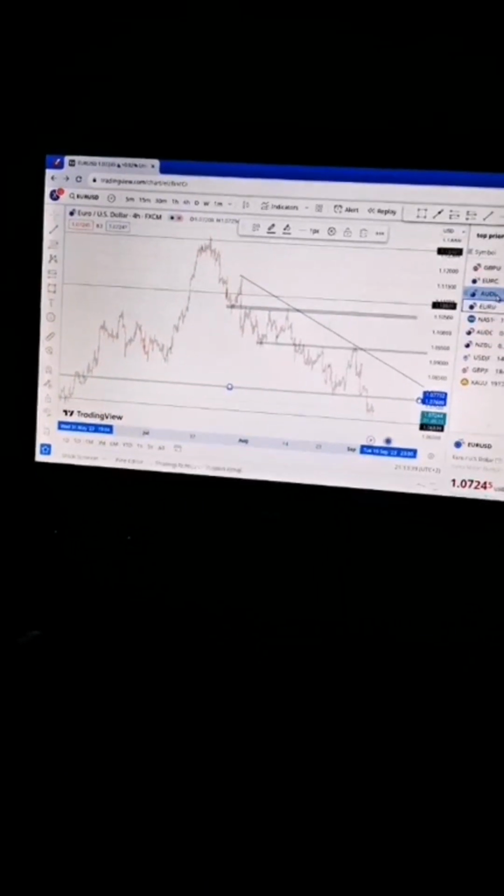So if you're comfortable with indices like Nasdaq, then you trade what you're comfortable with. Don't try to trade every single pair or every single index, because you might actually be losing more than gaining while doing all of those. So yeah, let me just mark these.